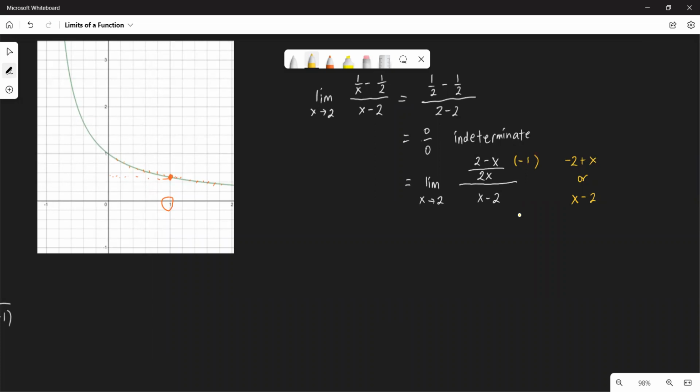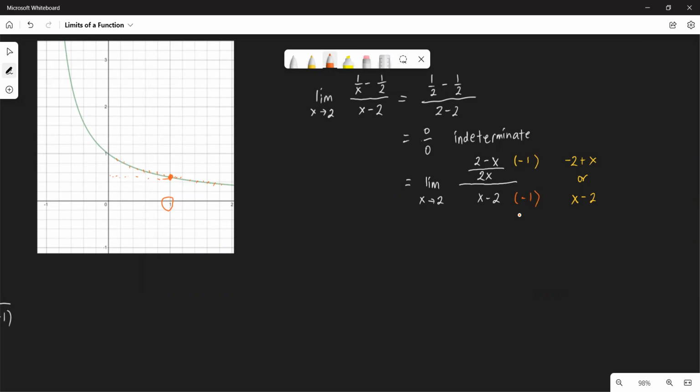So if we're going to multiply the numerator by -1, we also multiply the denominator by -1. So let me change the color. So we multiply with -1. We are not changing the value of the fraction, right?